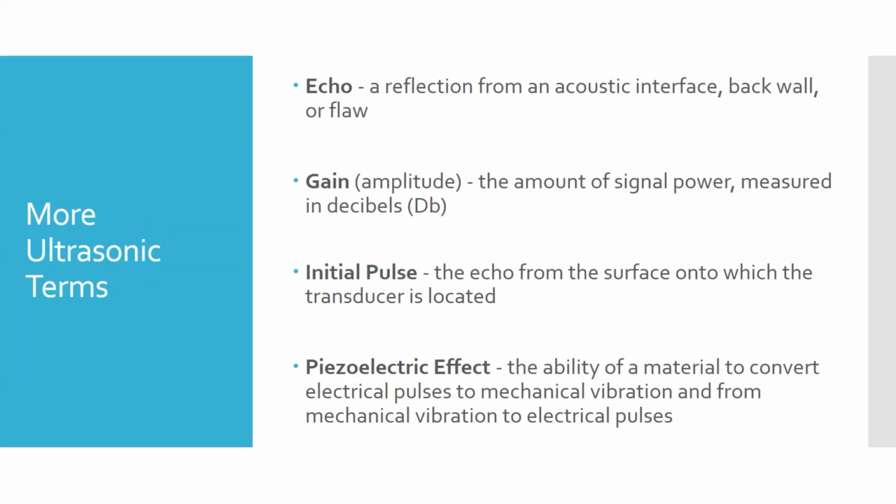Most of these probes rely on a piezoelectric crystal in order to create the ultrasound. A piezoelectric crystal is a semiconductor made up of two materials that, when an AC alternating current electrical signal is sent into it, causes them to vibrate or to move.